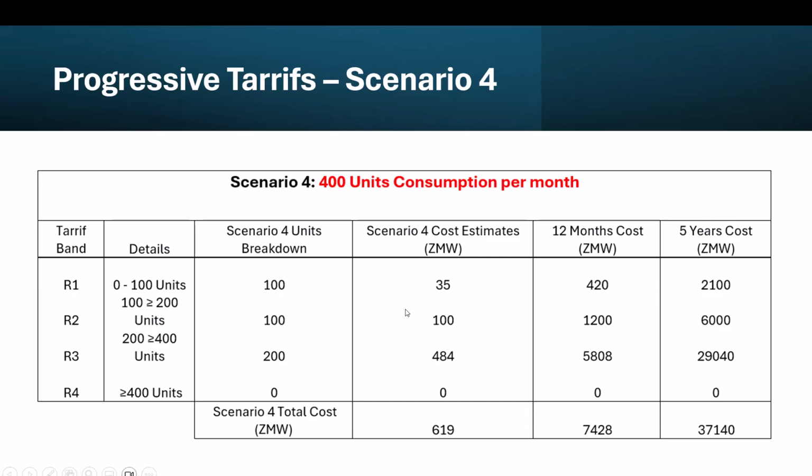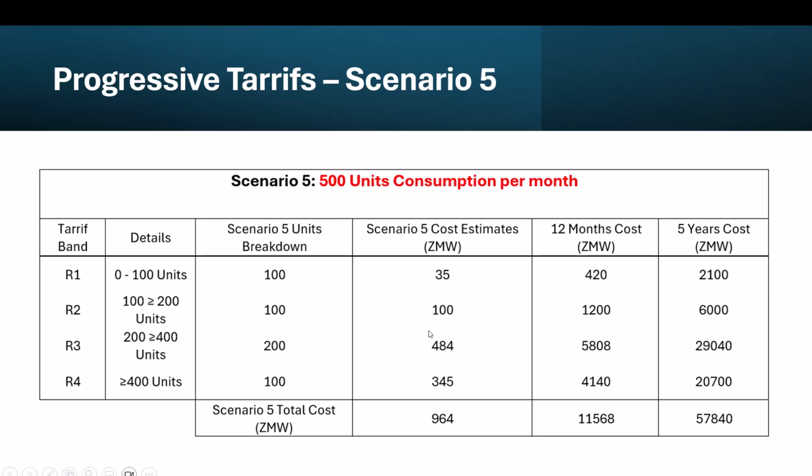Then we jump to the last scenario for today, which is 500 units consumption per month. So we have the first 100 units in band 1, the second 100 units in band 2, followed by 200 units in band 3, and 100 units in band 4.